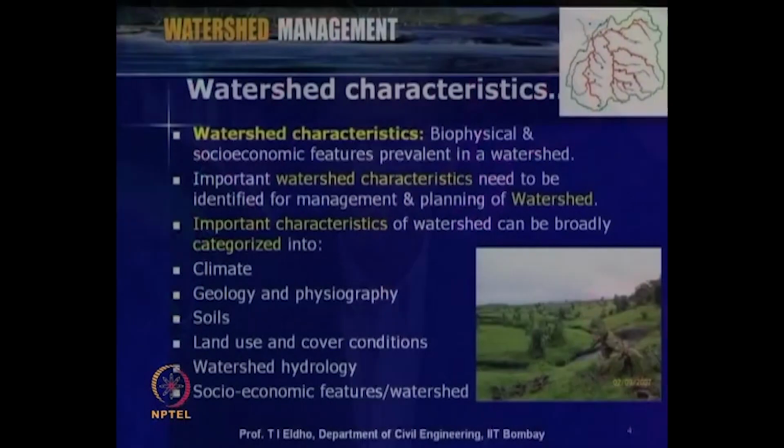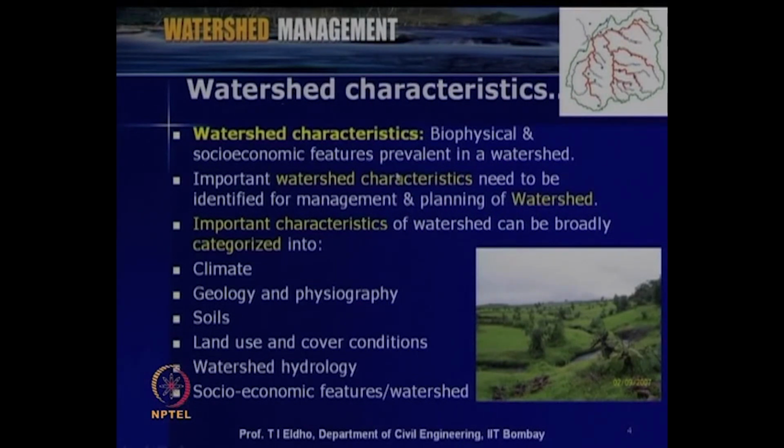Many times when we go for watershed modeling or management, we have to quantify them, so that we have values for particular parameters like area of the watershed, length of the channel or the slope. All those specific characteristics we may have to provide while doing modeling or making plans for watershed management.